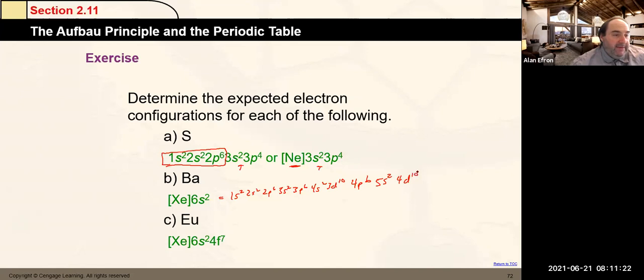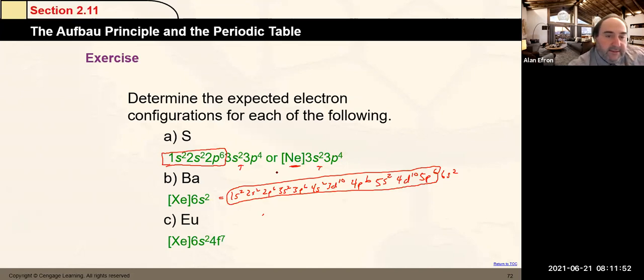That takes me to 5p6 and 6s2. So if I did the math right up to there, 2, 4, 10, 20, 30, 36, 38, 48, and whatever that comes to there, 54 in that case. So xenon, and then you continue on with the configuration.